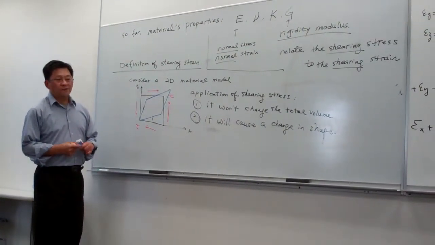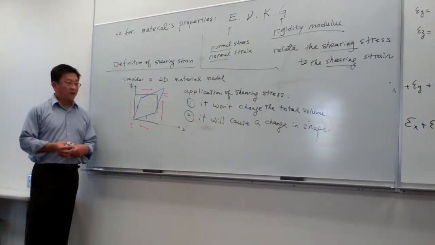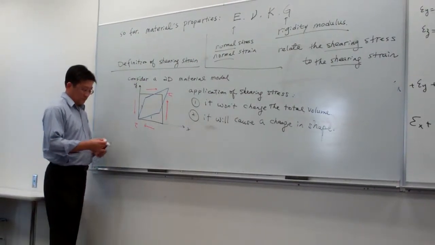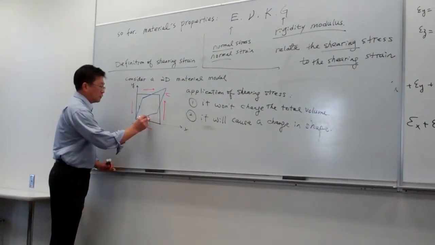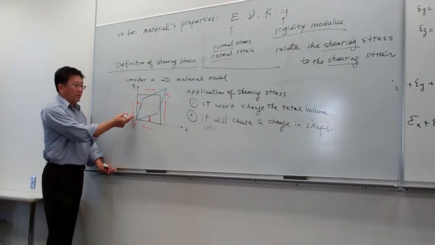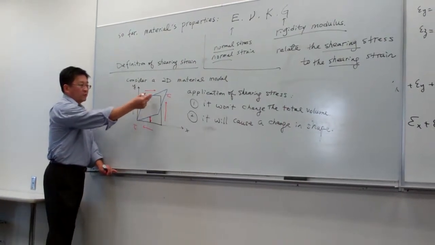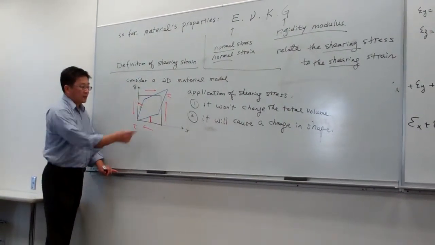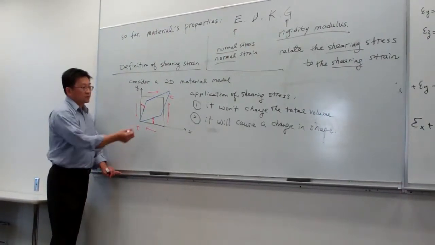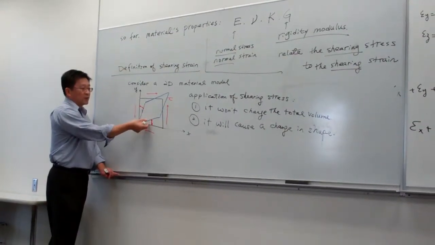How do we quantify such a change? We use angle. What angle will be appropriate? For example, we can use this one. And here, if our application is uniform on the perfectly square shape, then the two angles should be equal. So that means we can measure the change of the angles here.